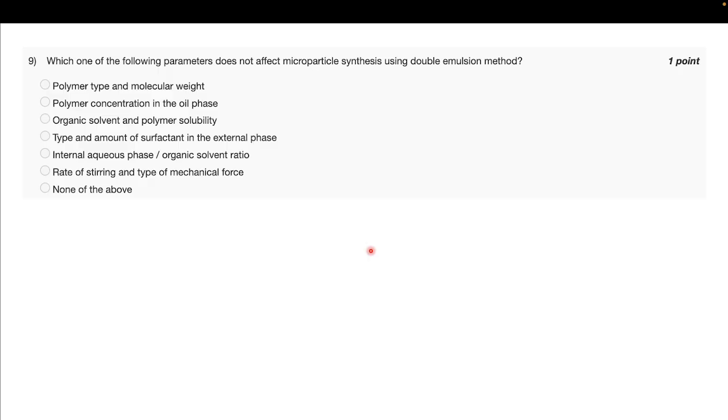Which one of the following parameters does not affect microparticle synthesis using double emulsion method? So read through the options, and if you know the answer, please let me know.